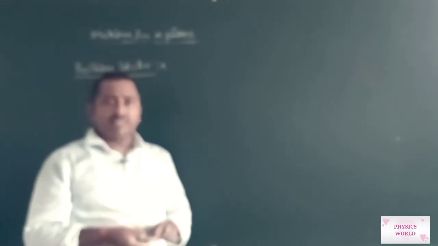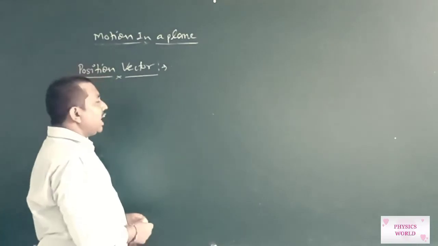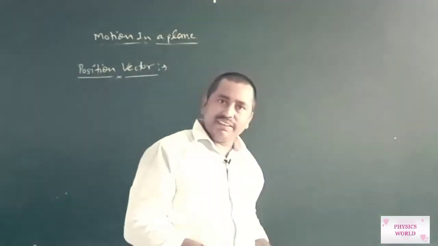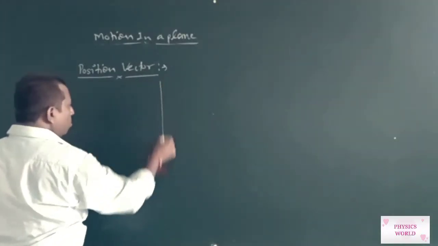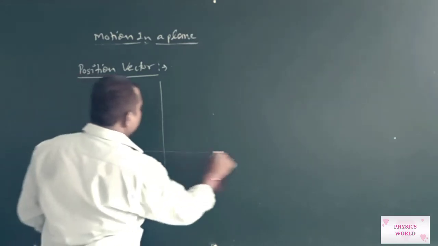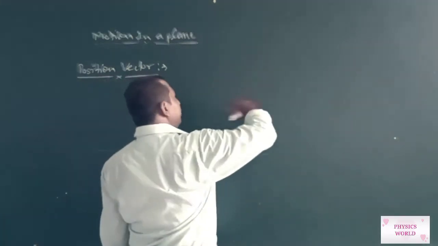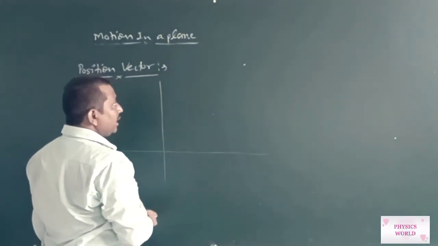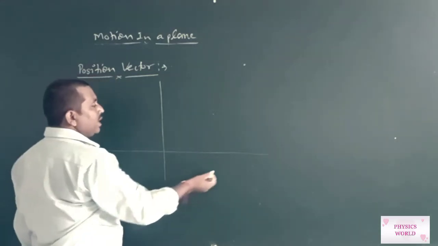We know that if any object has to be defined in three-dimensional space or in two-dimensional space, suppose we talk about a plane, say the plane of the board, then any point on the plane of the board can be expressed with the help of a simple frame of reference or coordinate system.